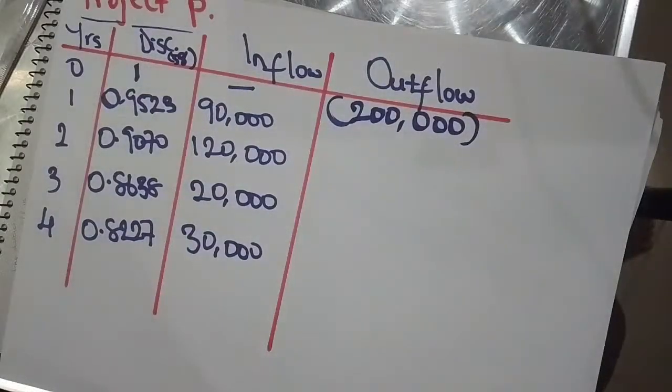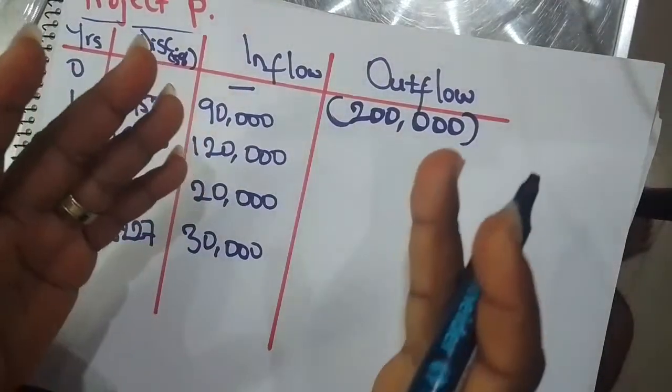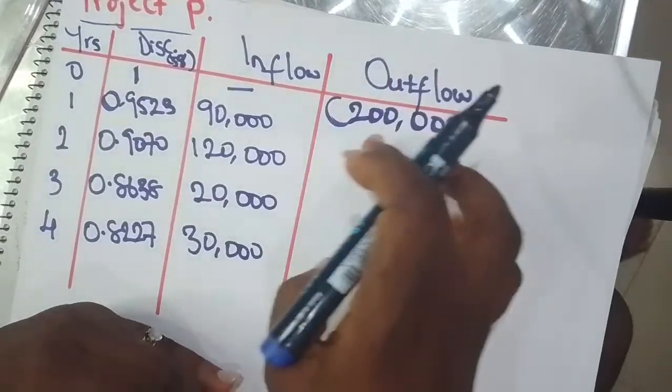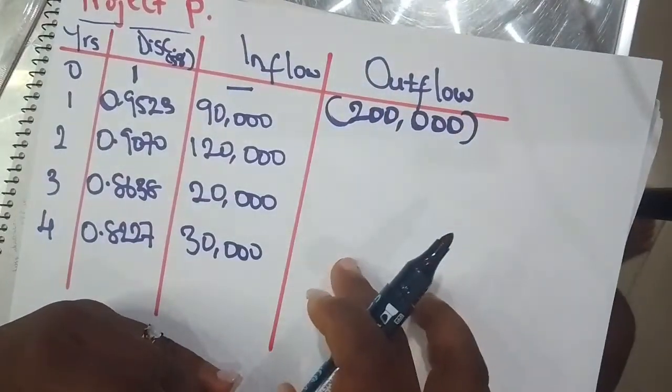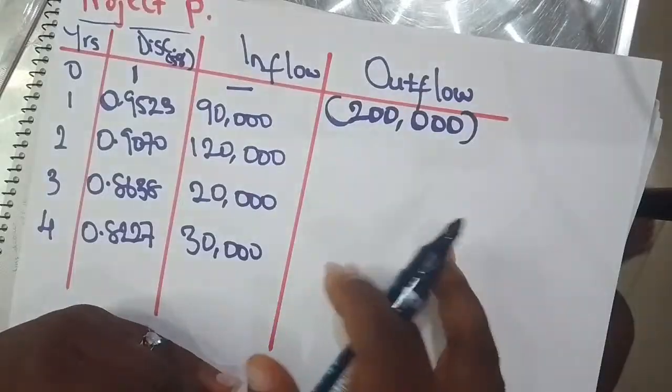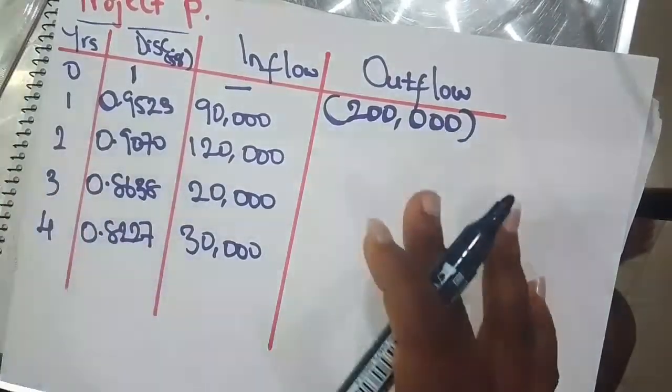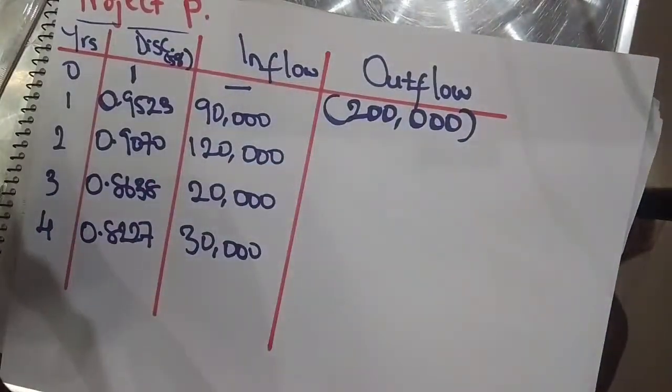To get the present values for the following years, year one, year two, year three, year four, I'm sure by now we know how to do the calculation.